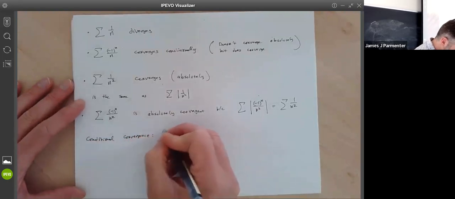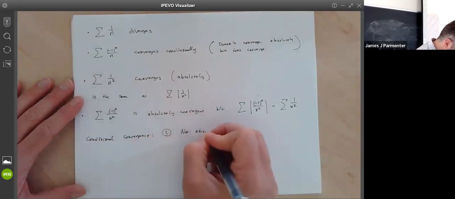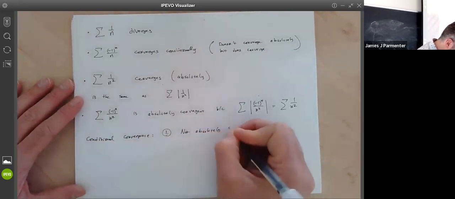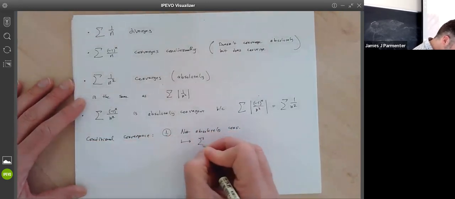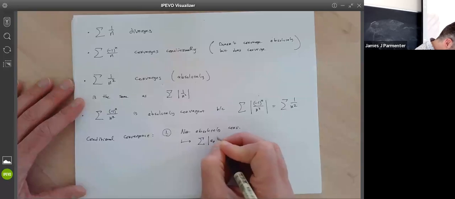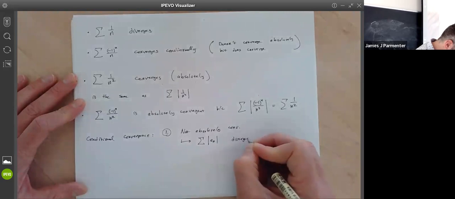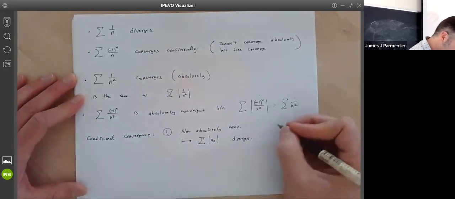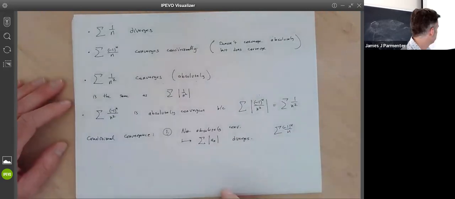As a step one, you'll often show that it is not absolutely convergent. So you'll usually get that the sum of the absolute value of the terms of the series diverges. For example, the sum of -1 to the n of n.